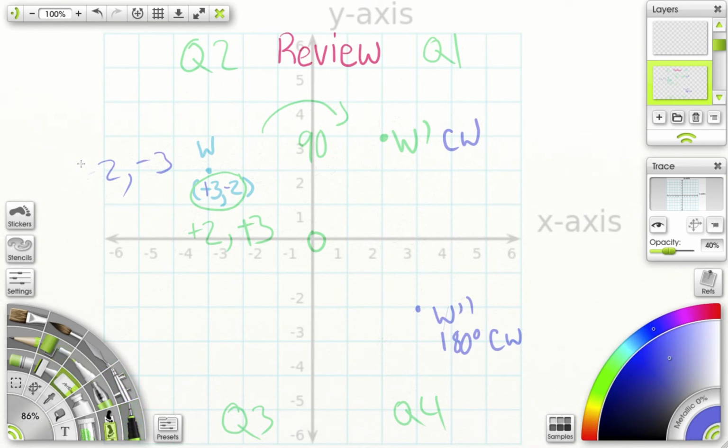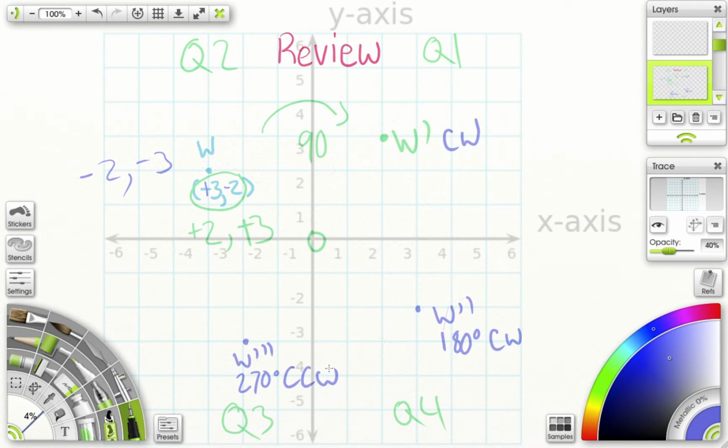So our first number becomes the opposite. And then that's it. So I have -2, -3. And this is W prime, prime, prime. And that is 270 degrees counterclockwise.